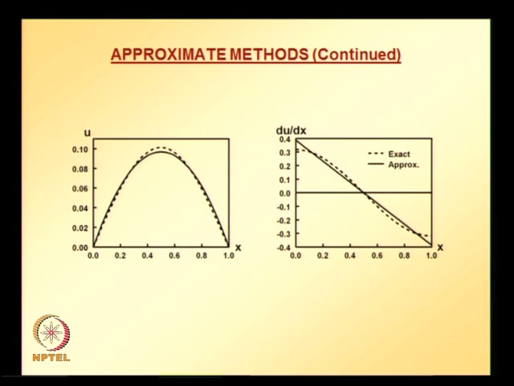If you go back and see how the solutions obtained using the least square weighted residual method and the collocation method matched the exact solution, and how this is matching, you can see here the solution is fairly good, because it is matching very well with the exact solution.